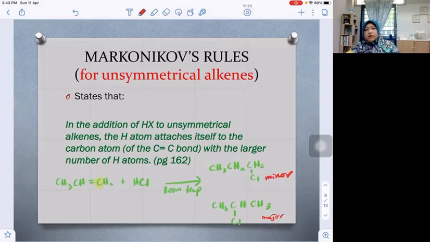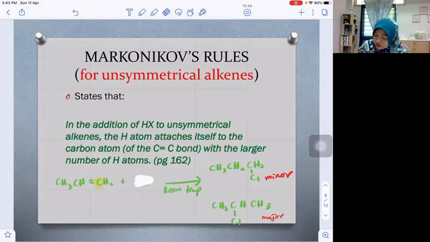So we have to apply this Markovnikov rule when we have an unsymmetrical alkene in all the reactions. In the halogenation in aqueous, and then in the hydration as well. For the case of the halogenation in inert solvent, the product will be the same because it produces a dihalide.